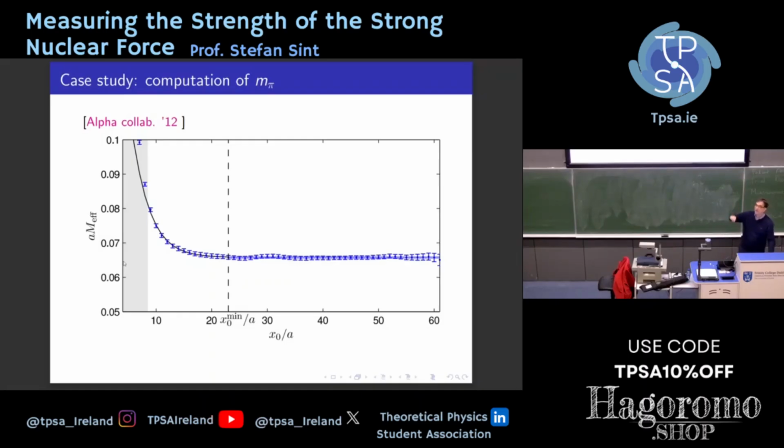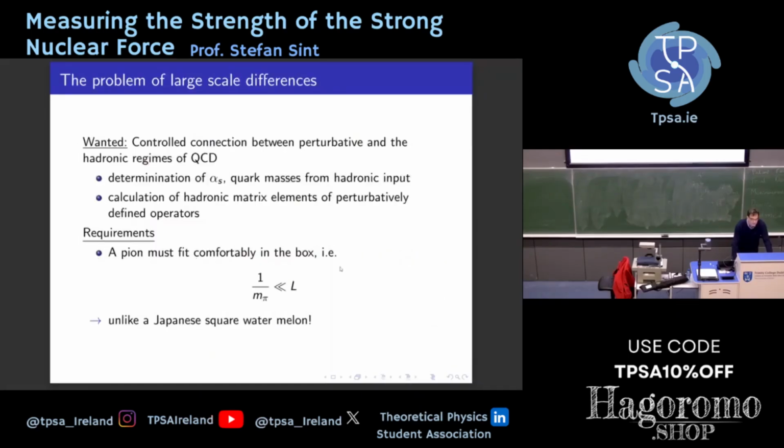Okay, so that's actually one thing: on the computer we can dial our quark masses. It's not that they are fixed like in nature, and that's actually interesting. You can get a lot of insight by varying the quark masses.